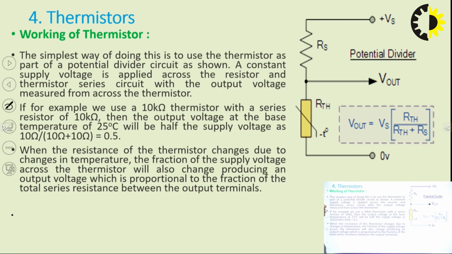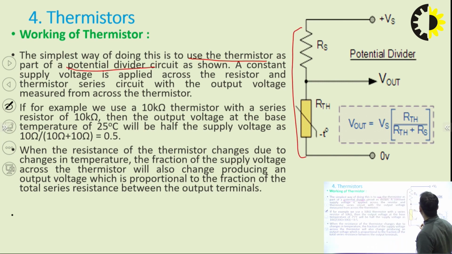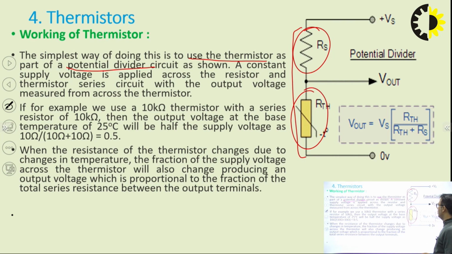How are thermistors basically used to measure the temperature? The simplest way is to use the thermistor as a part of a potential divider. This is a potential divider circuit, where this is a constant resistance and the second part of resistance is the thermistor.